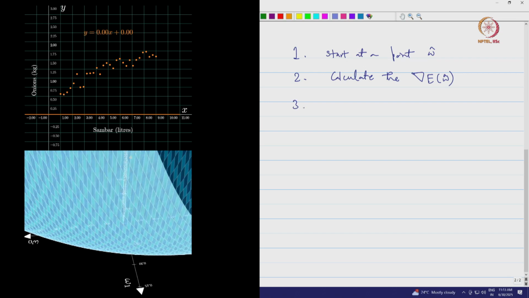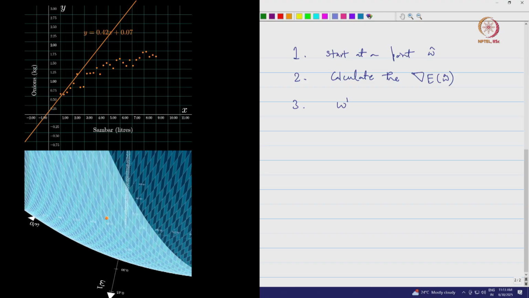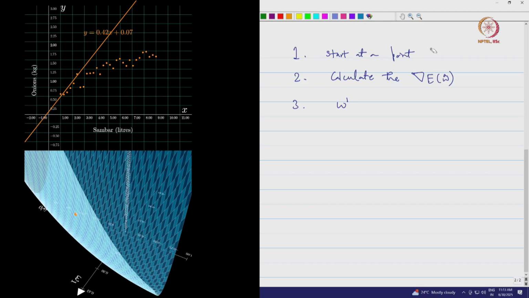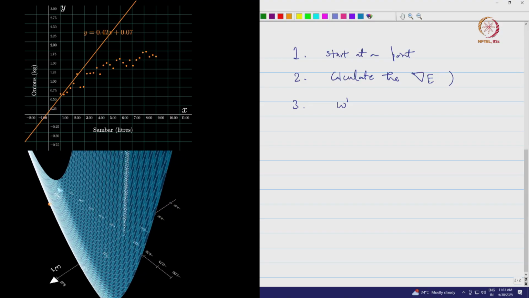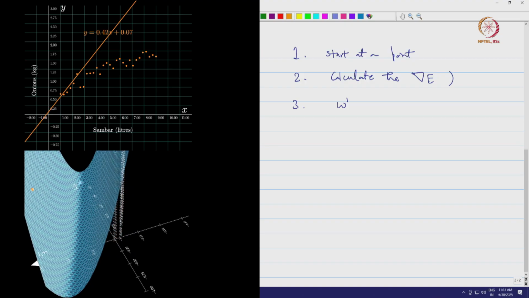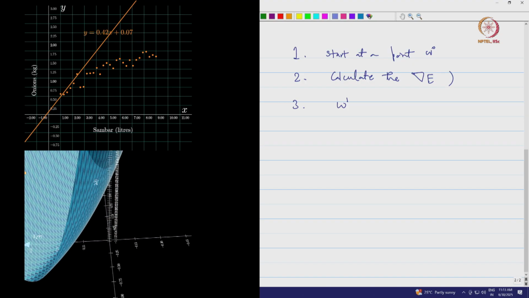So step number 3, what is the next step? Actually, let me denote this differently. Let's not use omega hat here, because we took omega hat to be a point of minima while discussing purely theoretically. So let's call this omega naught, meaning the beginning, 0.